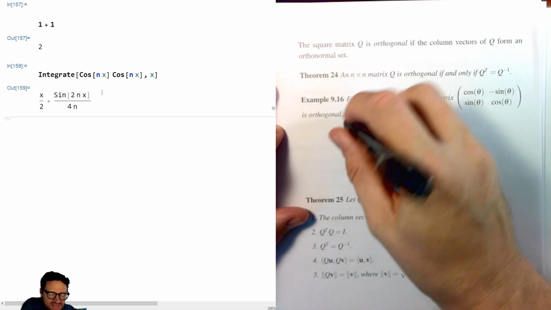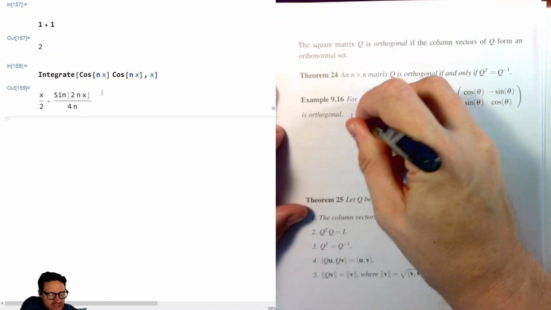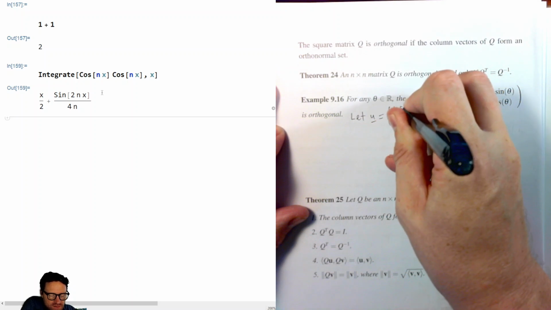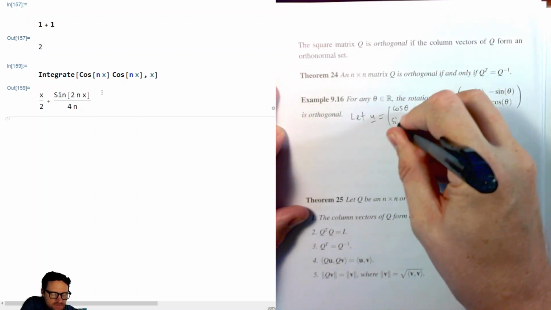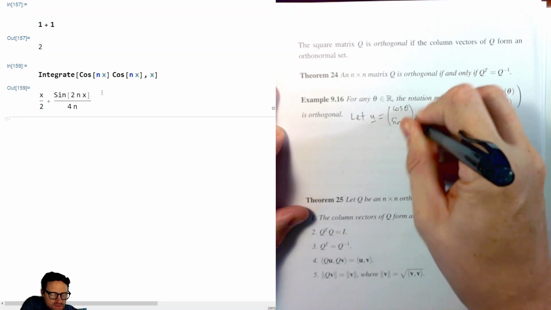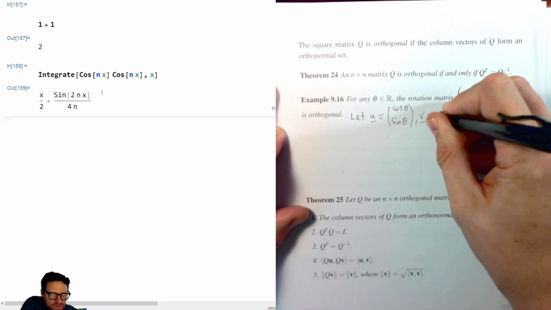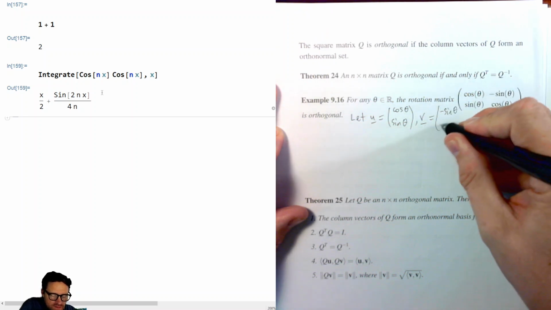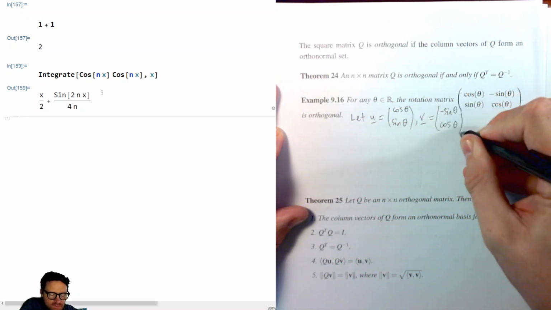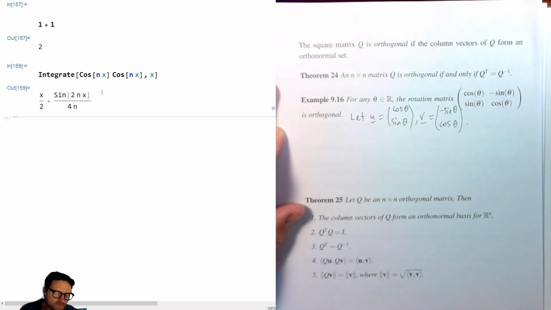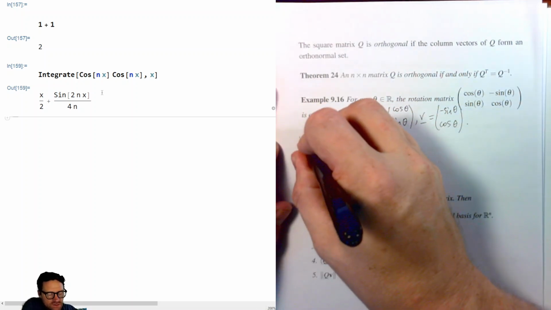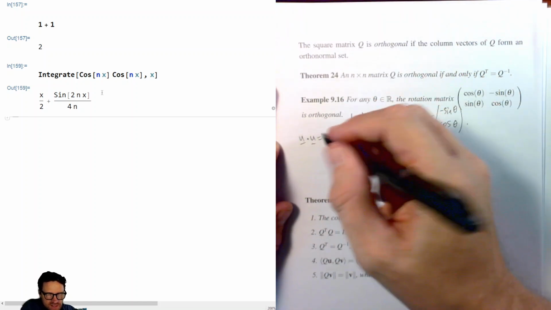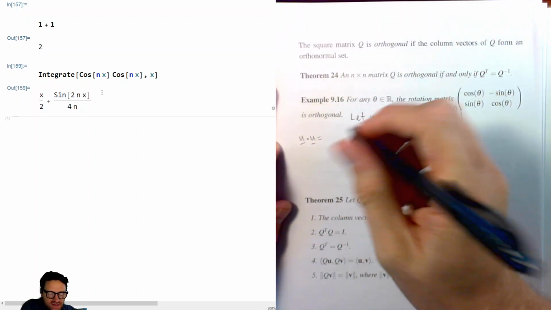Okay, so what we'll do here is let U be the first column, so cos theta, sine theta, and V be equal to the second column, minus sine theta, cos theta. And now let's take dot products. So U dot U is cos theta, sine theta dot cos theta, sine theta.